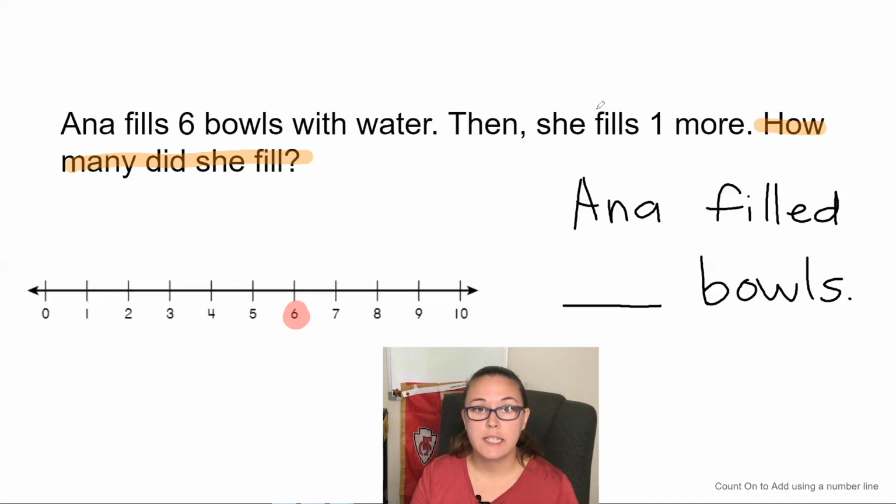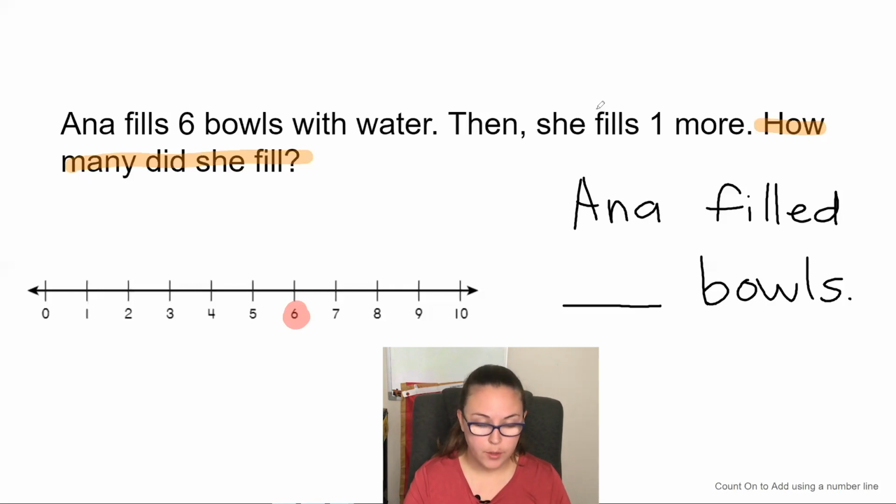Now, when we're counting on from 6, what number do we need to count on? So we need to take our tool and come back to the question and read the second sentence that says she filled 1 more bowl.